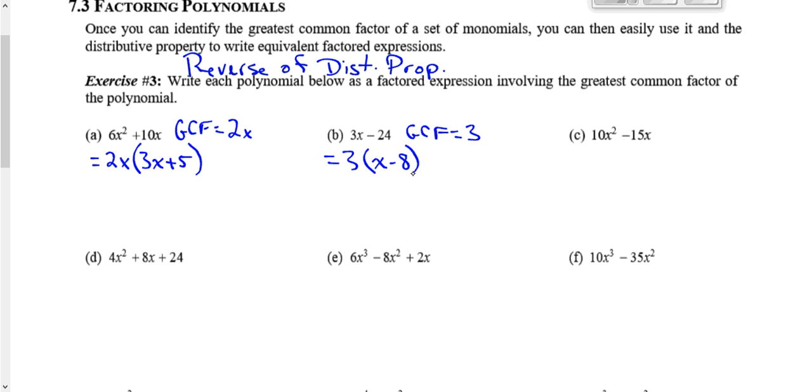Okay, getting the hang of it? All right. Why don't you guys work through the rest of these on your own? Okay? And I don't need you to write GCF equals up here unless you think it helps you, right? If you can do it without writing it up separately like that, just go ahead and do it, all right?